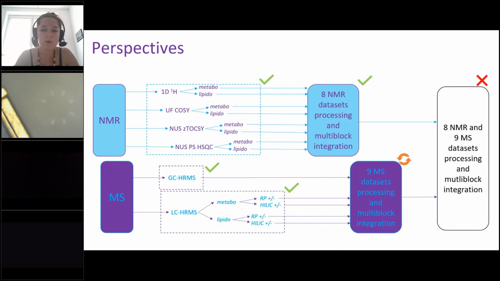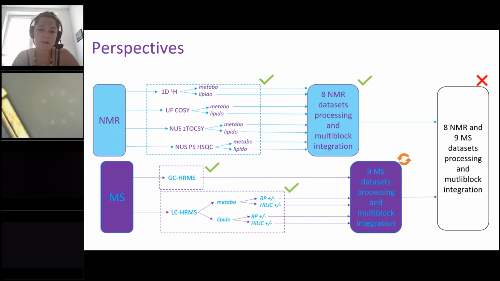So what will be next in this project? Obviously, the biomarker identification following the NMR multi-block integration, but also GC-HRMS and LC-HRMS have been acquired for the LC in Metabo and Lipido, and in both phases, reverse phase and HILIC, and positive and negative each time.